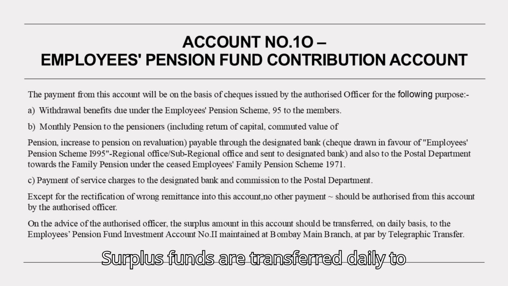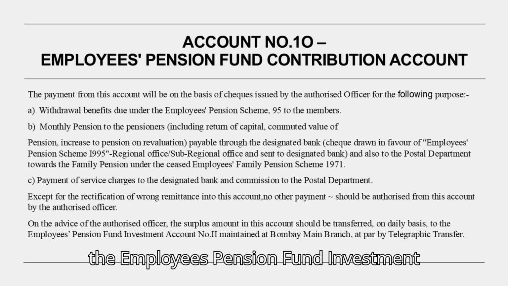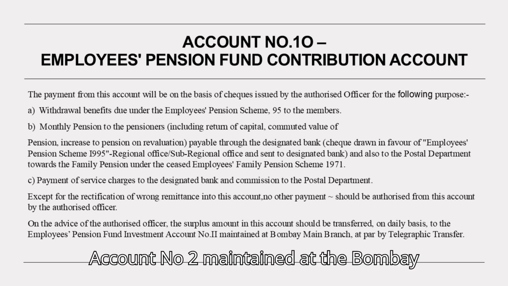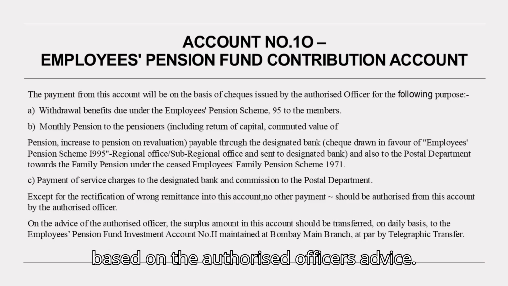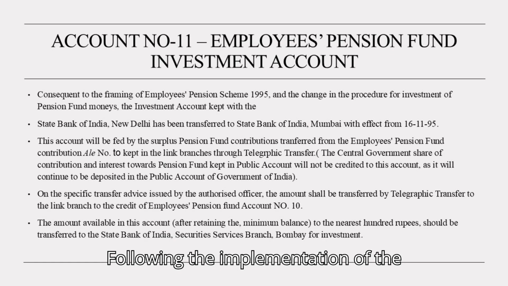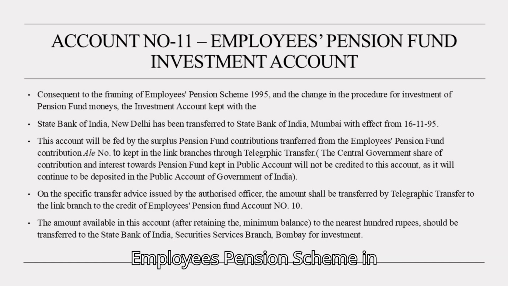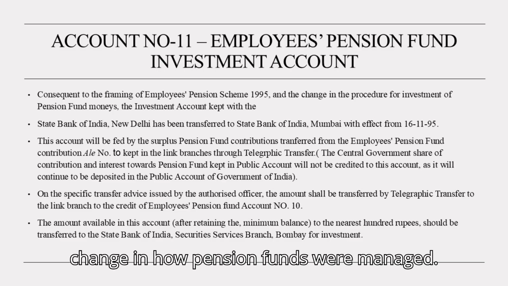Surplus funds are transferred daily to the Employees Pension Fund Investment Account No. 2, maintained at the Bombay main branch, via telegraphic transfer based on the authorized officer's advice. Following the implementation of the Employees Pension Scheme in 1995, there was a procedural change in how pension funds were managed.